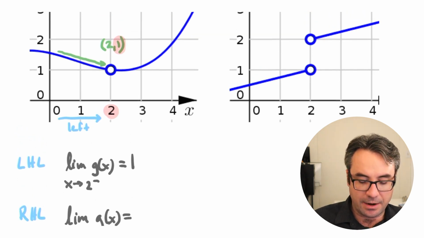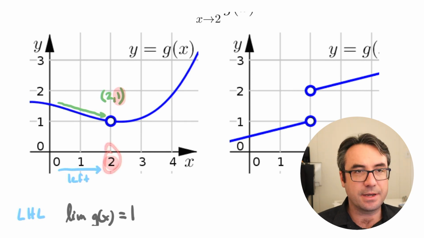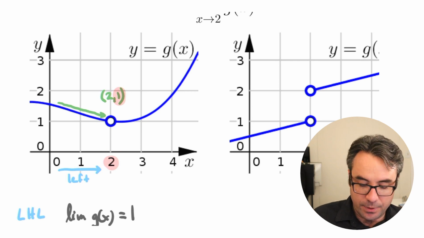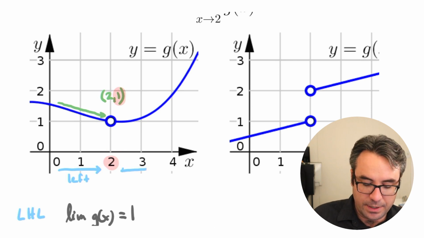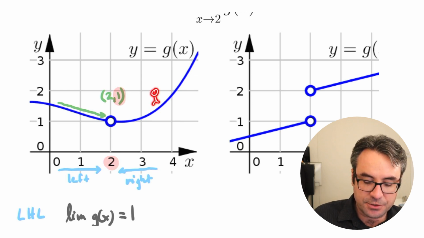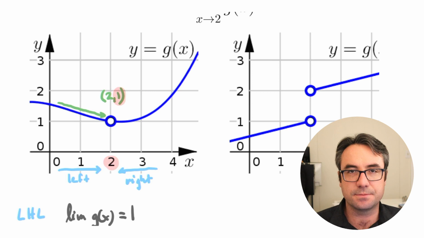So we go up to our graph and look right around x equals 2. We pick out where we're going to be approaching, and then we approach from the right side. Again, imagine that you're standing on this curve and taking a walk, and you want to see what point you're heading towards.